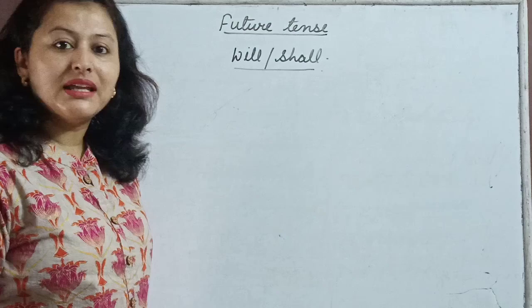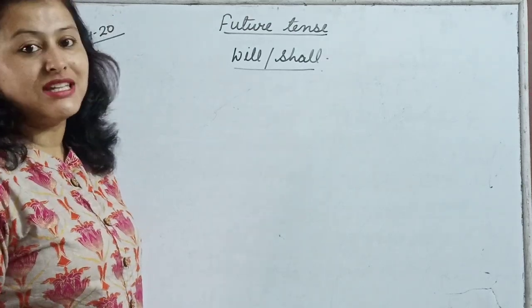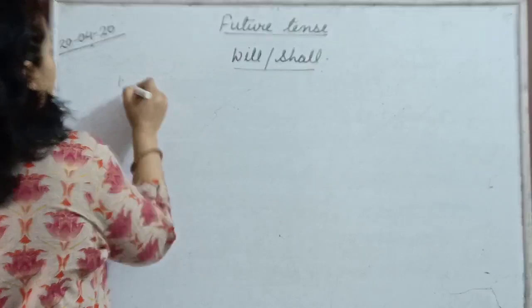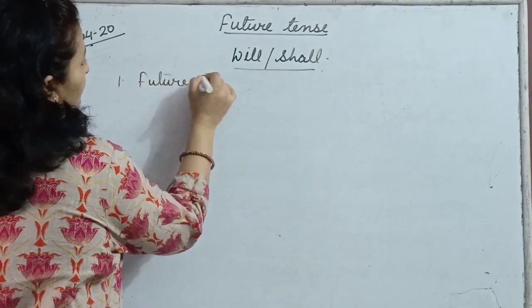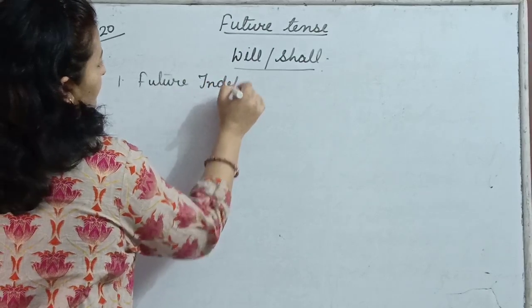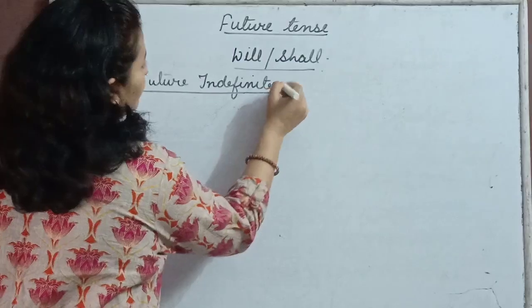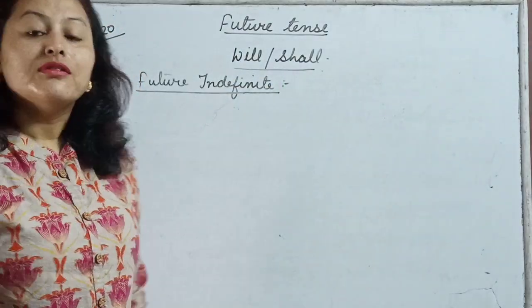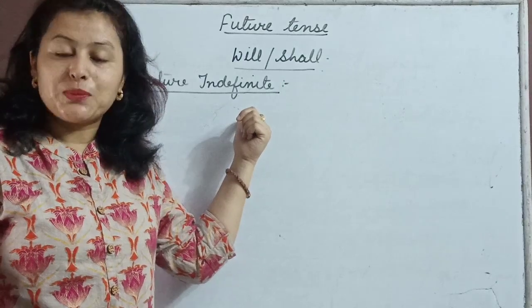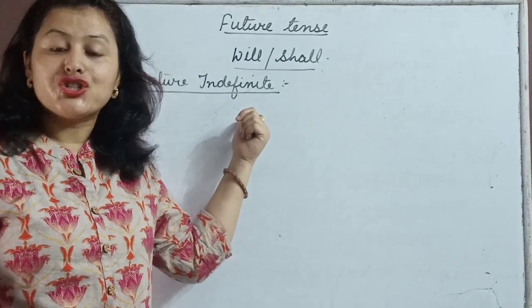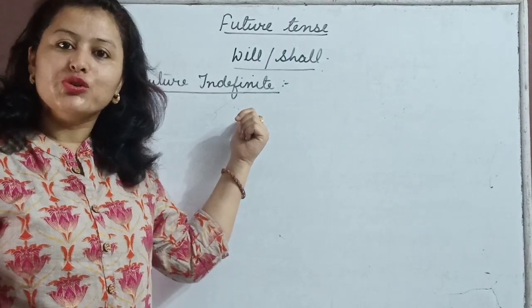Okay, so let's begin with the very first form, future indefinite, or simple future. It denotes and expresses an action or event which is likely to happen in the future.